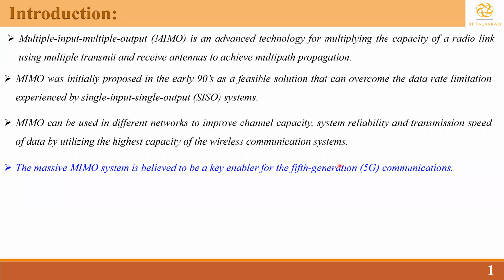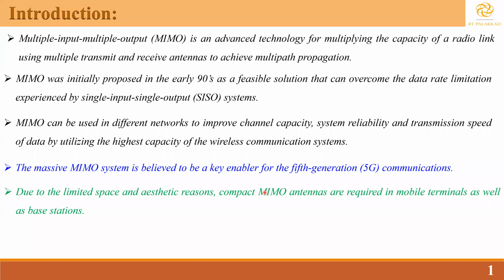Next, due to limited space and aesthetic reasons, compact MIMO antennas are required in mobile applications. These are the very important points, and most probably these are the introduction to the MIMO communication system. At present, we are not bothered about mutual coupling. Mutual coupling comes in here. If you keep multiple antennas together, what will happen?